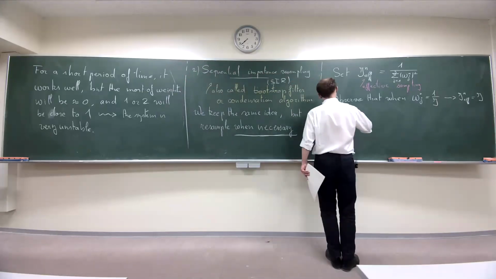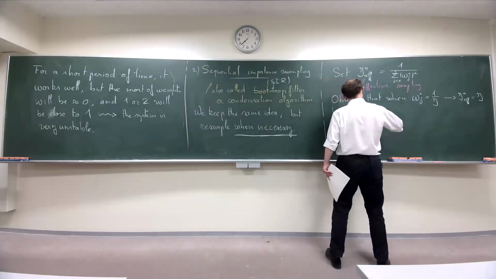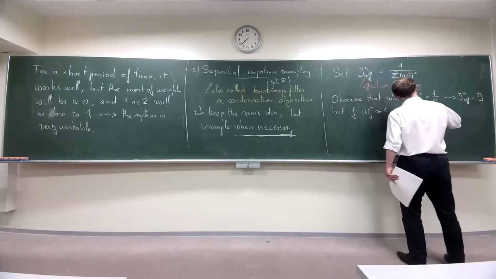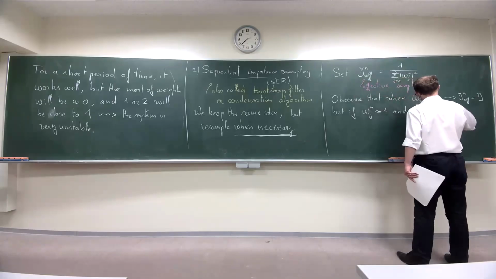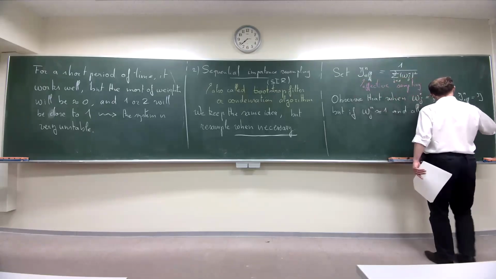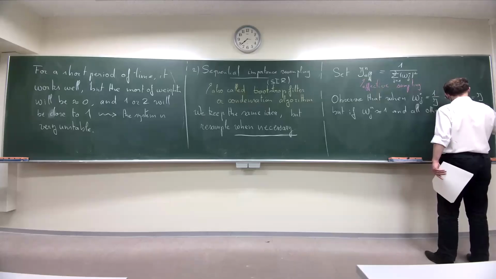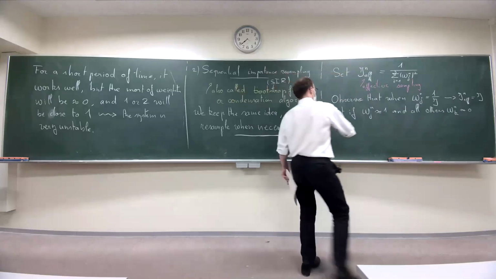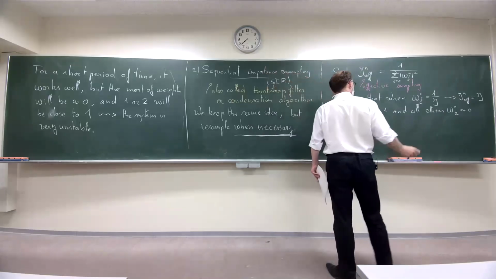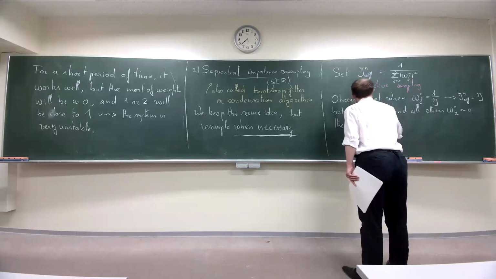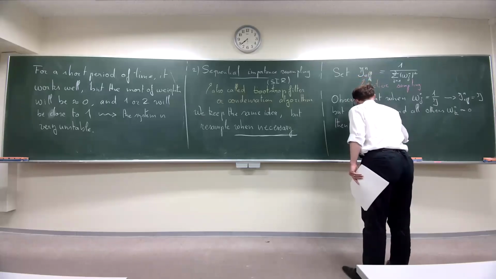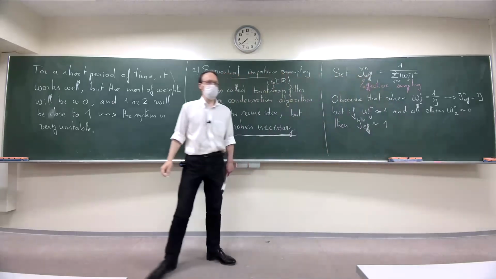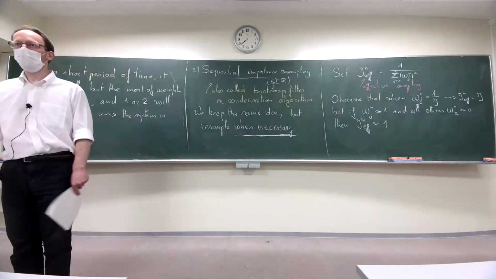But if one of them is about 1 and all others are about 0, the extreme case, then J_eff is about 1. So this is one way to measure how these weights are distributed.